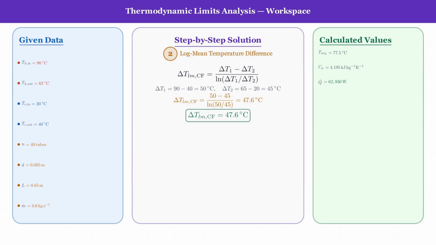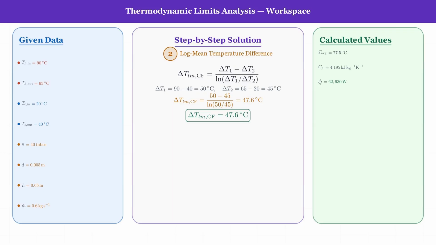At one end of the exchanger, the water enters at 90 degrees, while the air exits at 40, a terminal difference of 50 degrees Celsius. At the other end, the water exits at 65 degrees, while the air enters at 20, a terminal difference of 45 degrees Celsius. The log mean of 50 and 45 is 47.6 degrees Celsius.